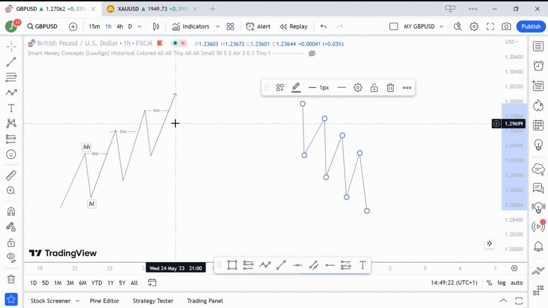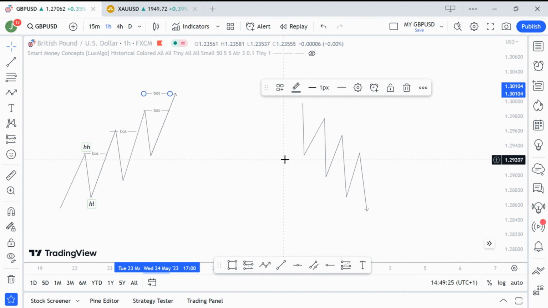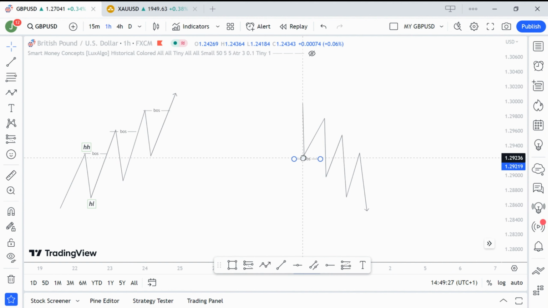This is how the downtrend market looks. We can call it a downtrend market or a bearish market.